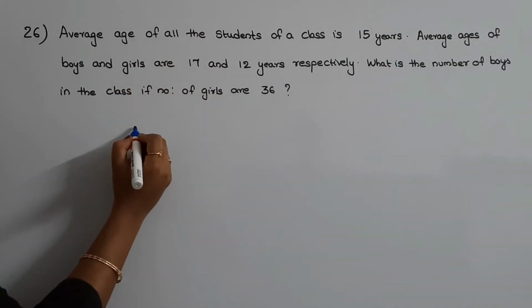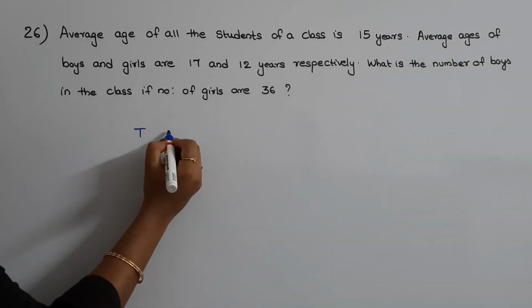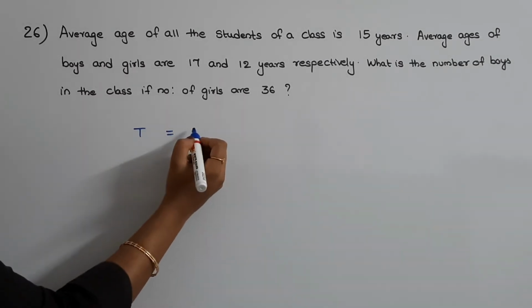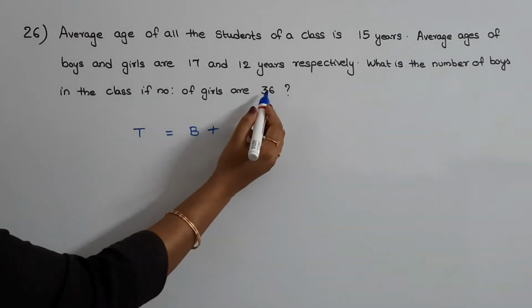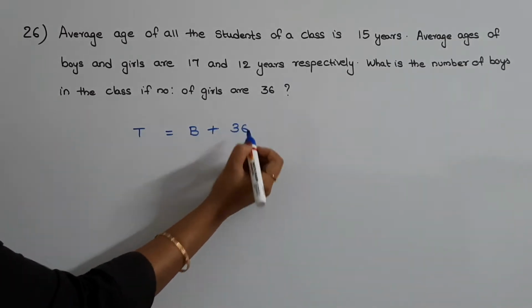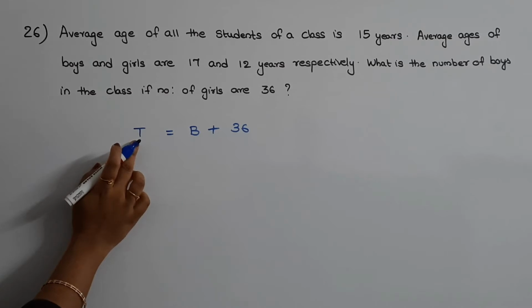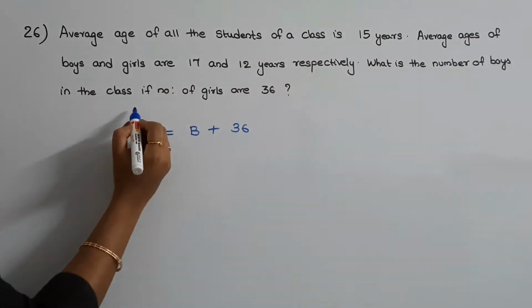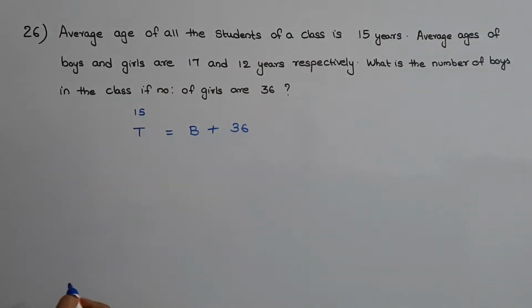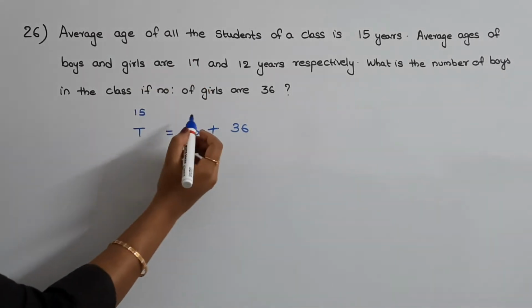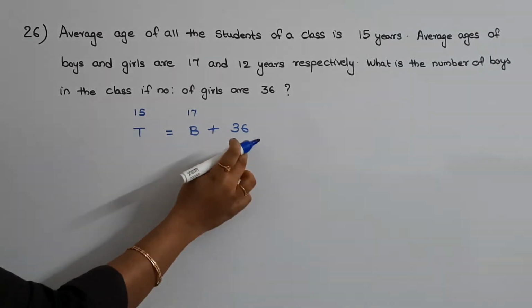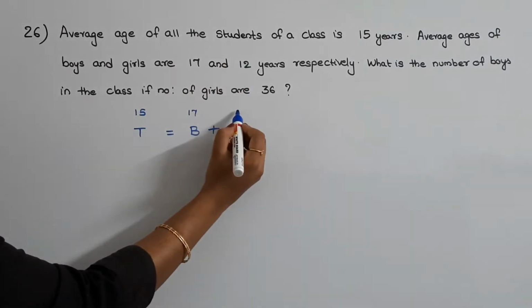Let us consider the total number of students as T is equal to number of boys, let us consider as B, plus number of girls is 36. Now the average age of total student is given as 15. That let us write above this T. Now the average age of boys is given as 17 and the average age of girls is given as 12.